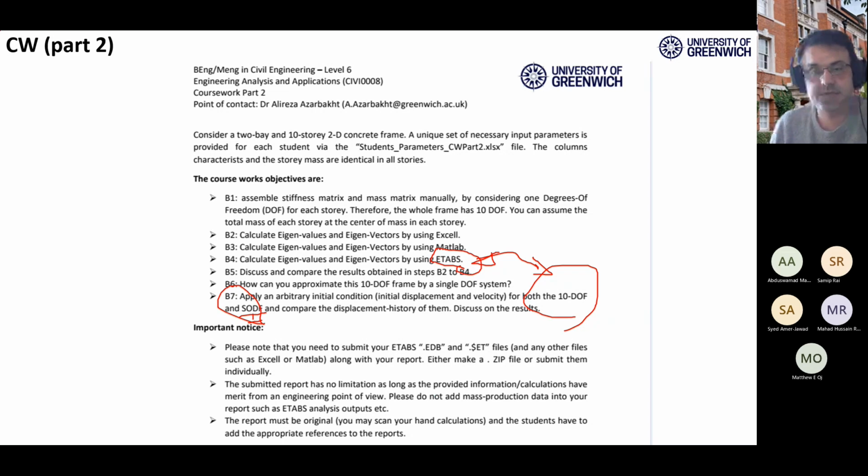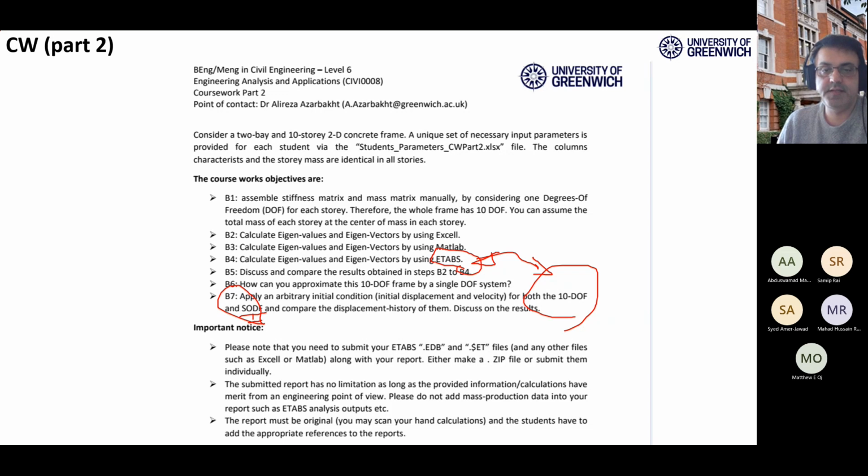It's a matter of different versions. And if you're using Excel for section B2 or MATLAB for section B3, you need to provide the files with your report.